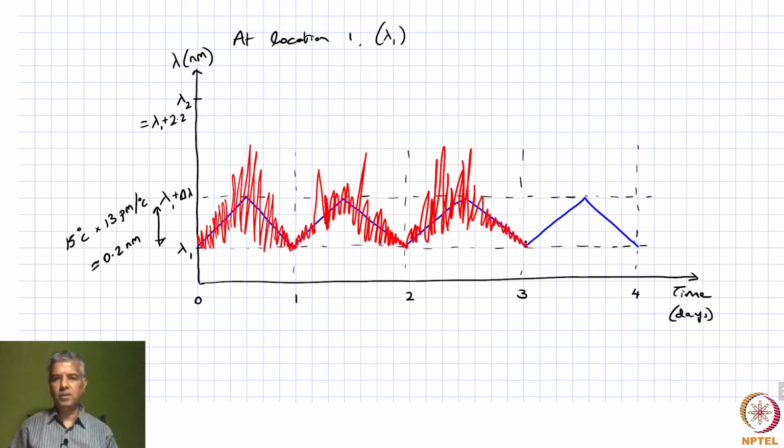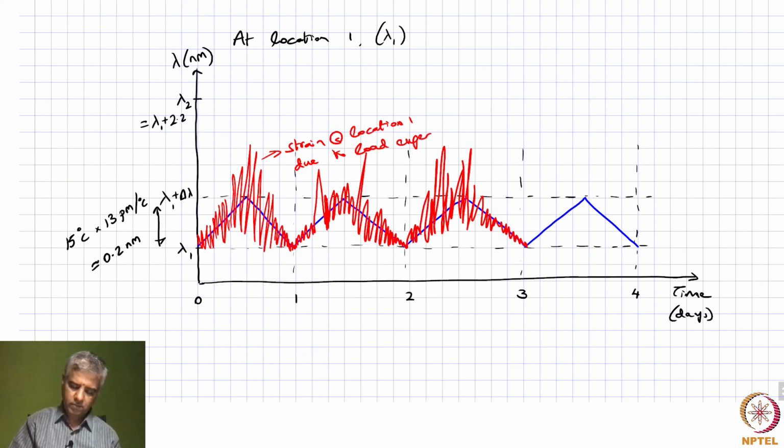So you have all these, and these are due to strain at location 1, at location 1, due to the load experience, right. So that is one thing to note here.